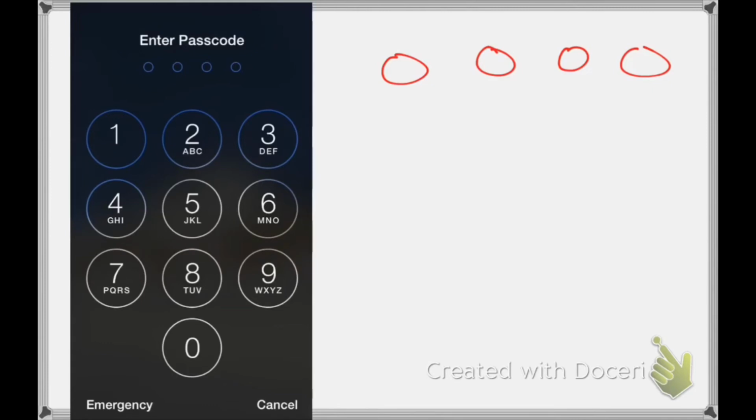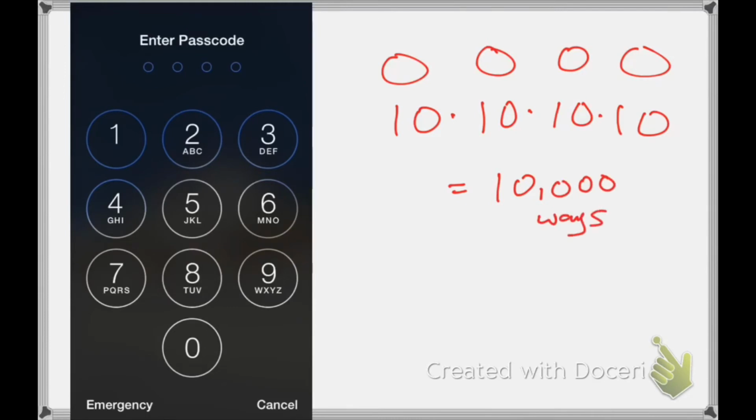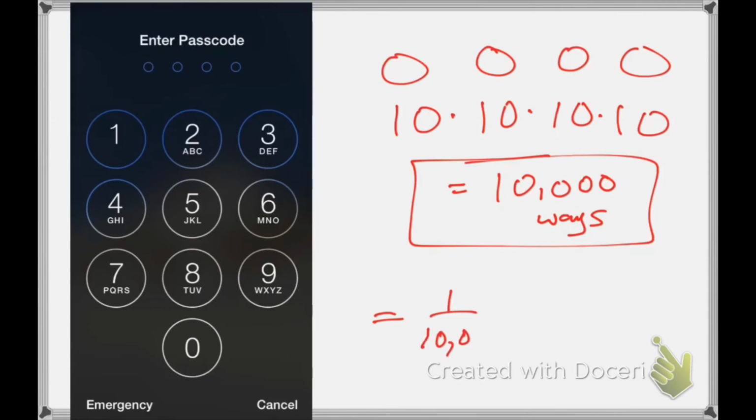Like, if you guess the code, I'll give you extra credit or something. And the reason I'm so confident that they won't guess the code is because how many different ways can you enter the code? Well, you have 10 digits. I have a 4-digit passcode, so 10 times 10 times 10 times 10. And that comes out to 10,000 different ways, which, if you were to calculate the probability, would be 1 over 10,000, which if you convert to a percent chance, what is it?